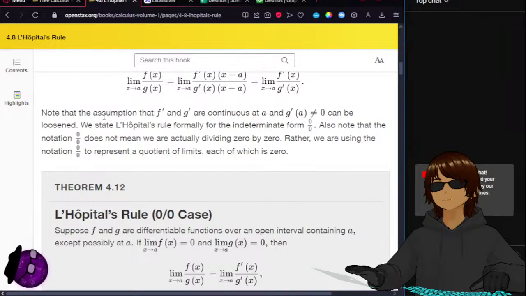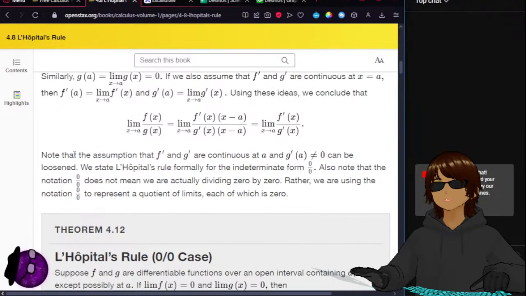Note that the assumption that the derivatives of f and g are continuous at a, and that the derivative of g at a is not equal to 0, can be loosened.